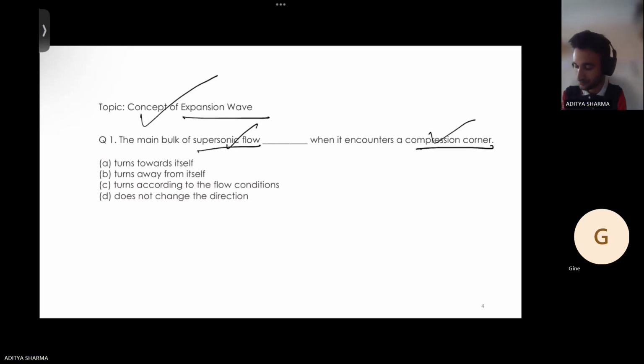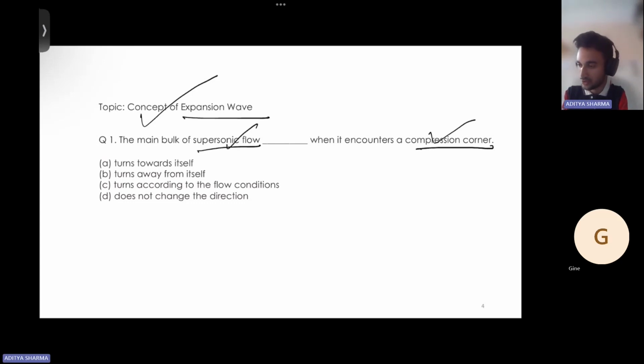If we look at compressible flows, there are two cases: one where the flow is expanding, and another where there is compression. In normal shocks also, we saw that a normal shock is a case of compression, right?